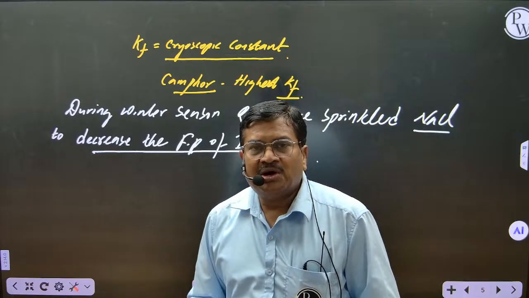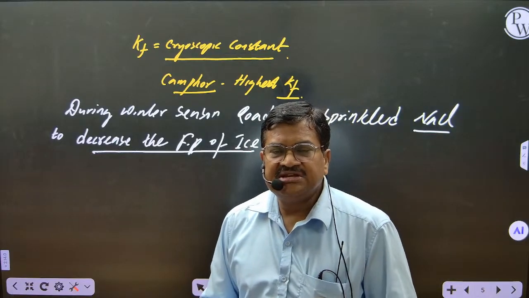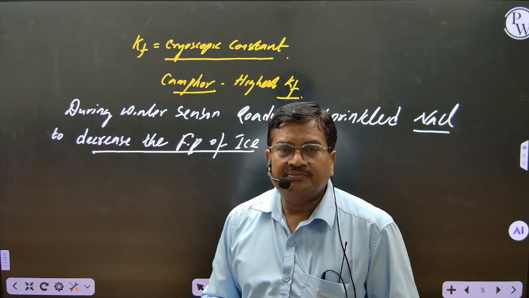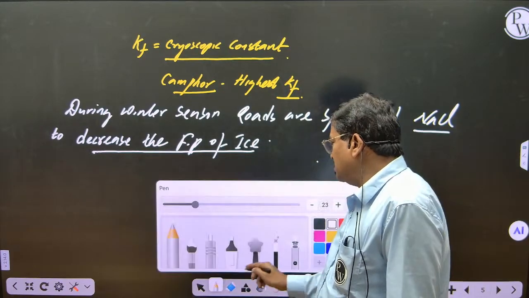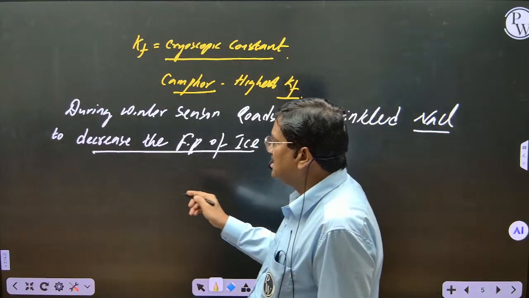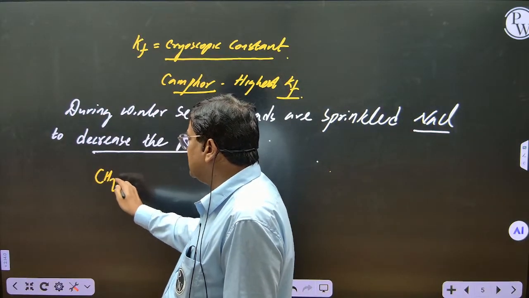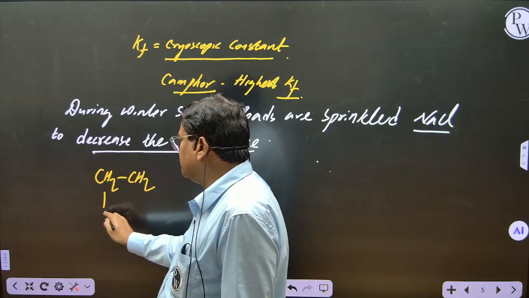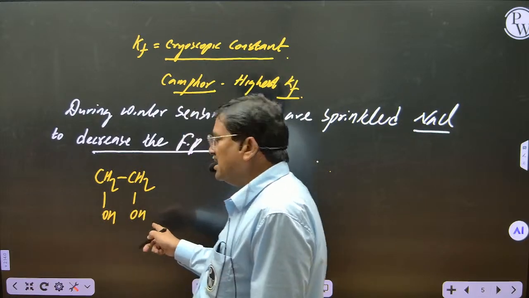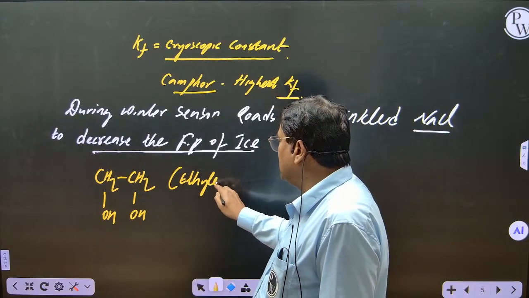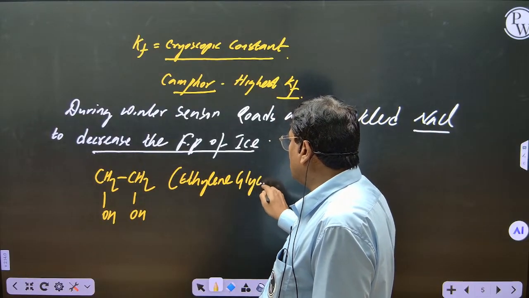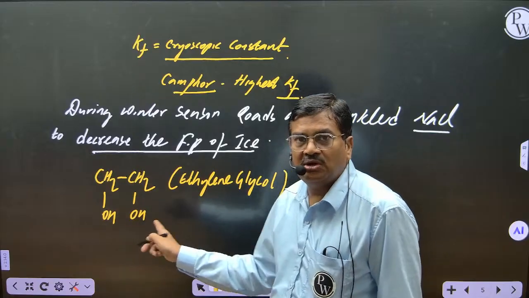And one more important point: in winter season, there is a compound called ethylene glycol. You study that in organic chemistry. So what is ethylene glycol, students? In first year you studied in organic: ethylene on oxidation with KMnO4 gives ethylene glycol. The common name we call glycol, and the IUPAC name, you remember, is ethane-1,2-diol.